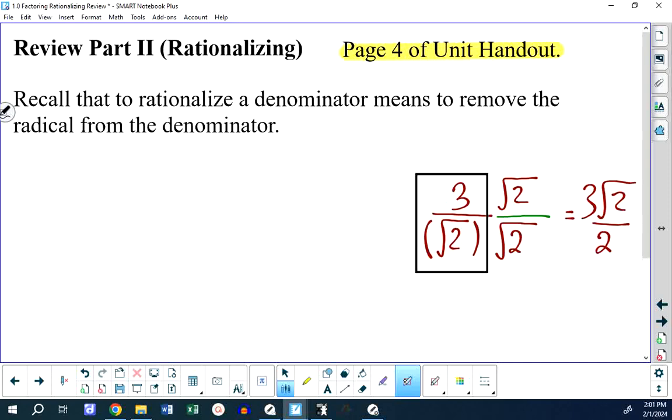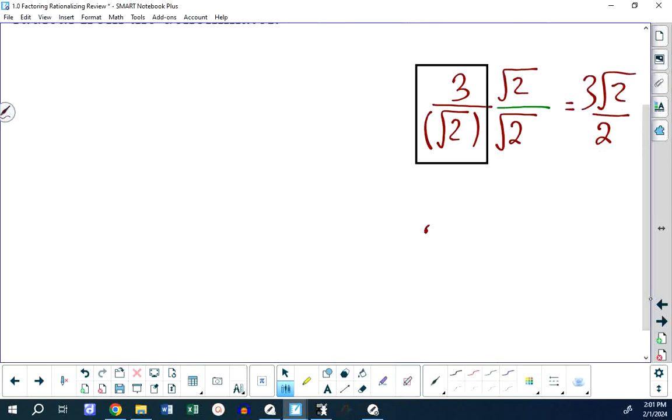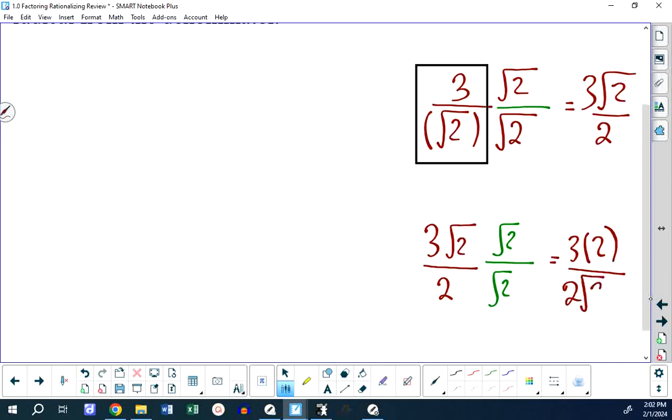And again, we will get rid of the radical in the denominator if we want to. And we will get rid of a radical in the numerator if we want to. By the way, it's interesting because if I have 3 root 2 over 2, and I say get rid of the radical in the numerator, you would multiply the top and the bottom here by root 2 over root 2 and get 3 times 2 over 2 root 2.